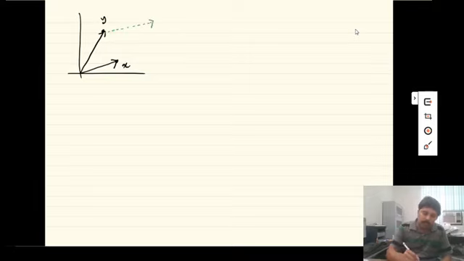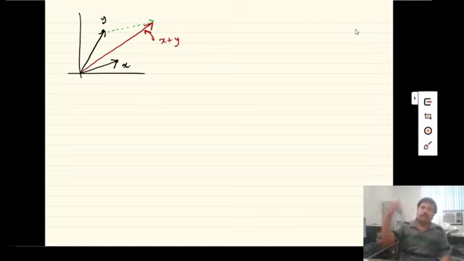I will complete the parallelogram. So after completing the parallelogram, what do I get? I get this particular vector. So this vector is x plus y. That's the vector that I get here, right? This is the addition, it's the diagonal of this parallelogram.